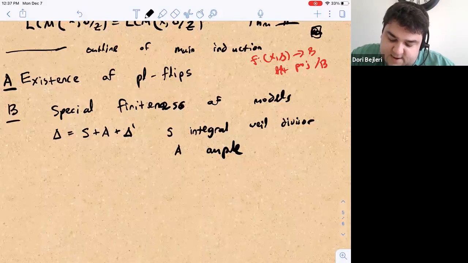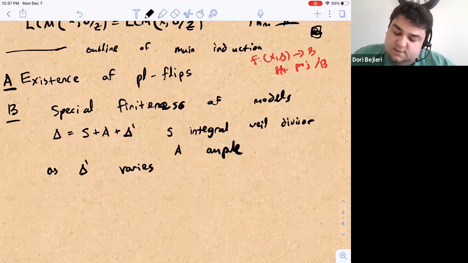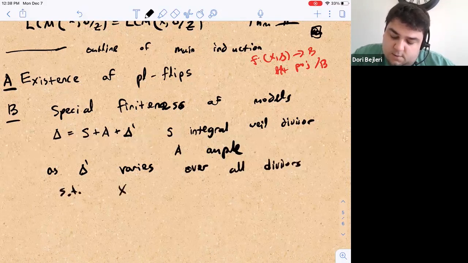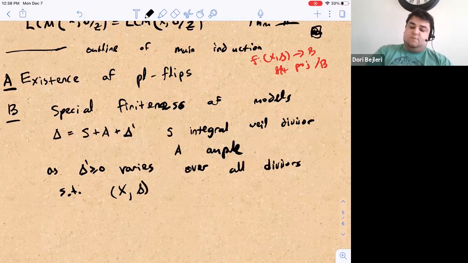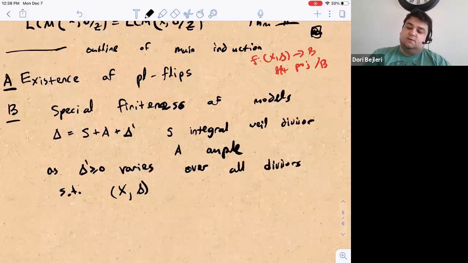So basically they say that as Δ' varies over all divisors such that, well, it has to be effective, and such that (X, Δ) of this form S plus A plus Δ' still satisfies these assumptions, that it's KLT and projective over B.